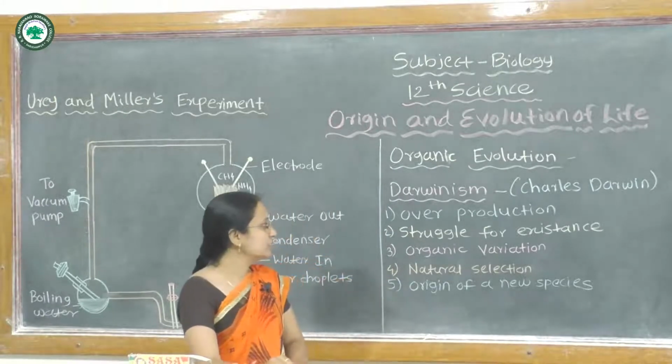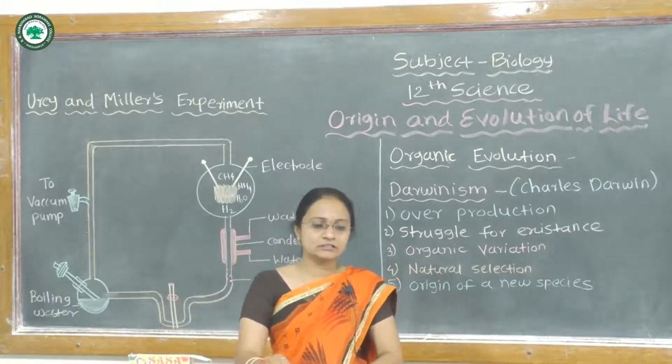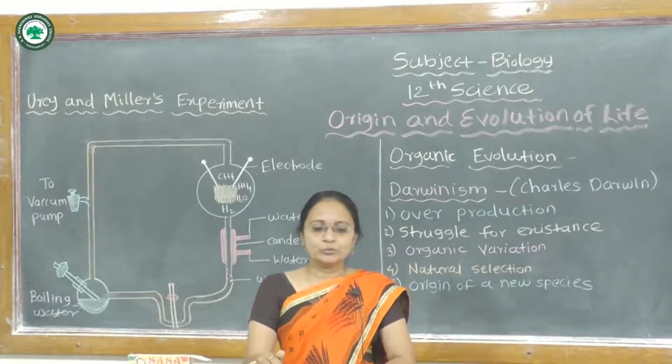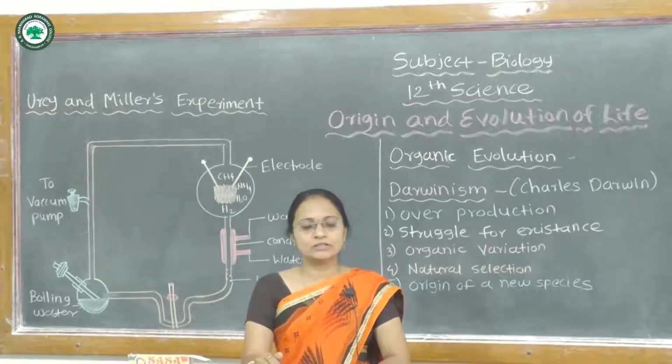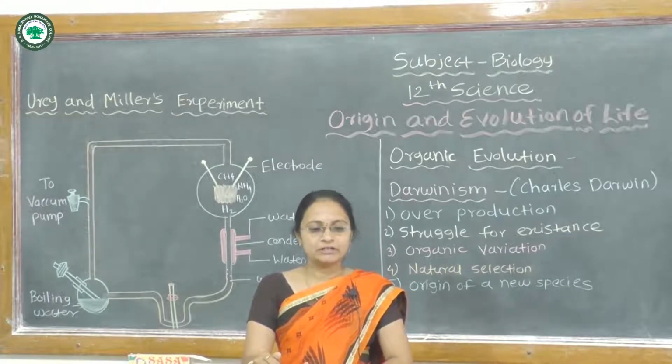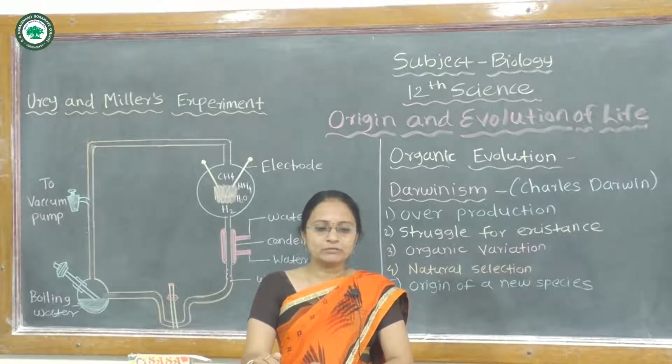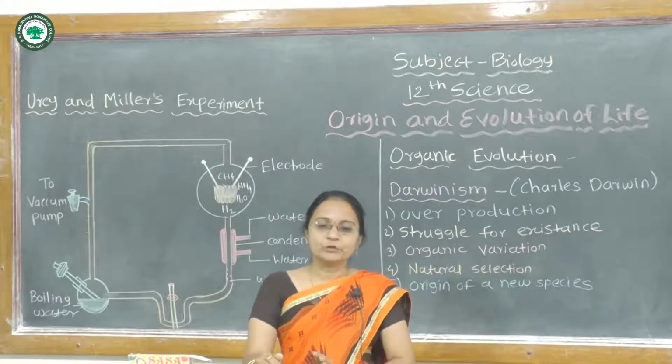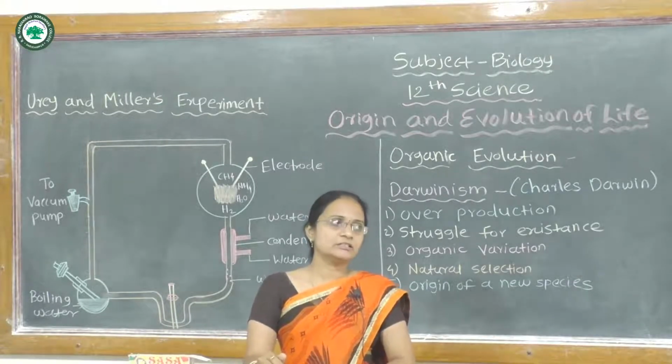The second is the struggle for existence. The tendency of overproduction leads to a struggle for existence between the members of the population for the limited supply of food, to overcome adverse environmental conditions or to fight against the enemy.